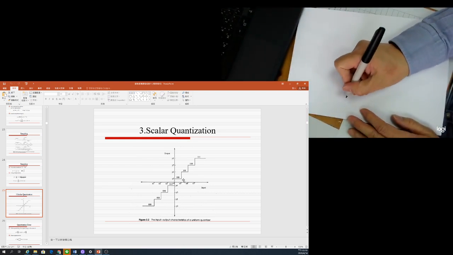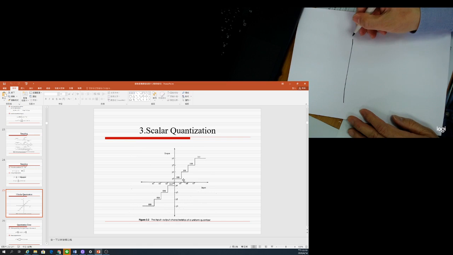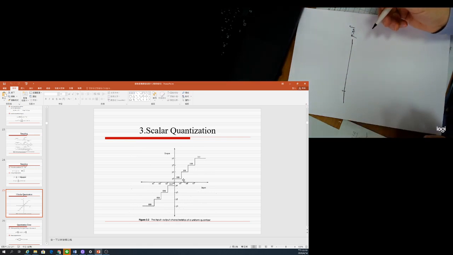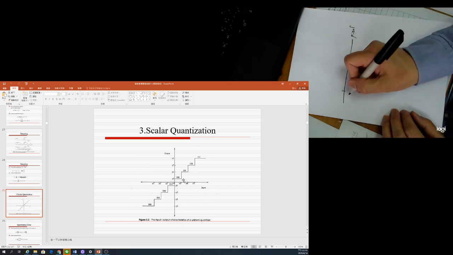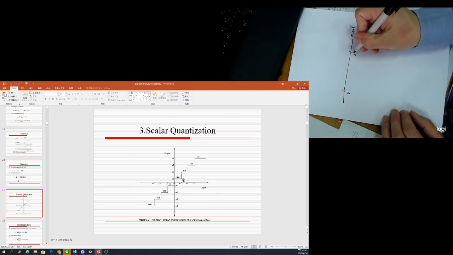Here is one example. Suppose we have an image pixel with gray level defined from 0 to 255.